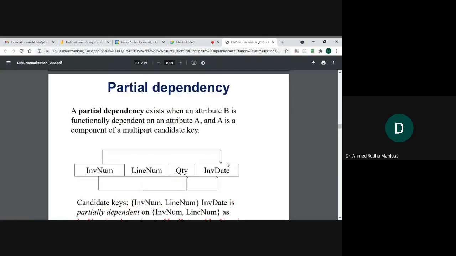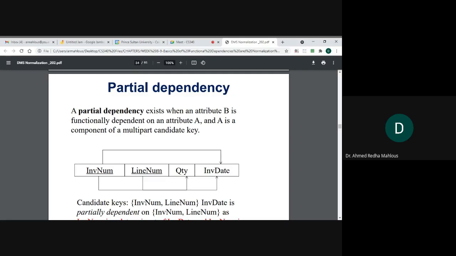Another concept, which is also very important, is that if you understand this concept, you are done with the normalization process. We have what is known as a partial dependency. We say that a partial dependency exists when an attribute B is functionally dependent on an attribute A, and A is a component of a multi-part candidate key.